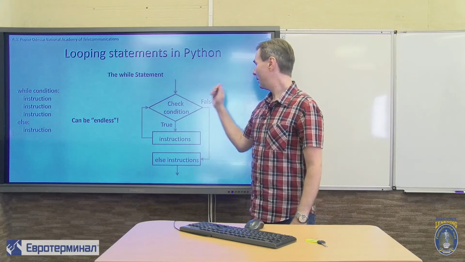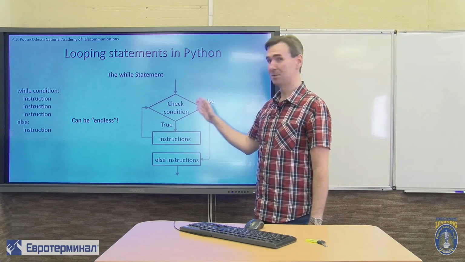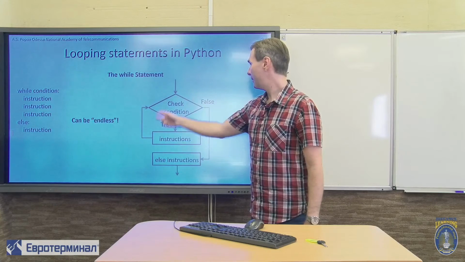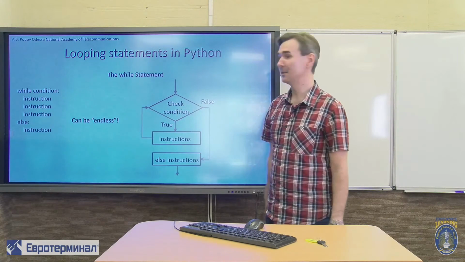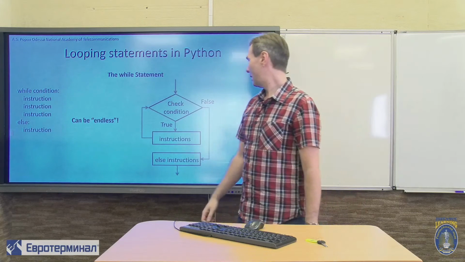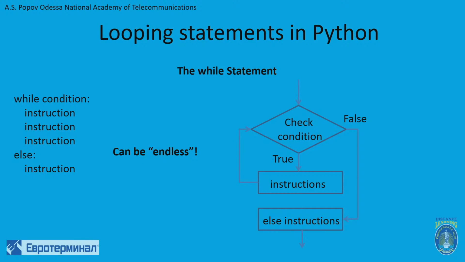So while the condition is true, the loop is created here, so these instructions are executed. When the condition returns false, then the interpreter goes to the else block and performs the corresponding instructions.